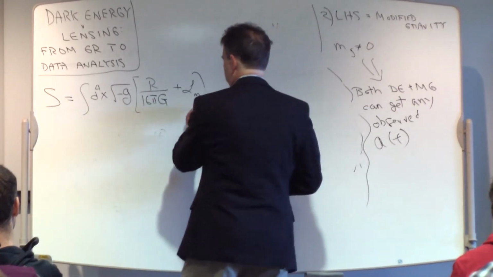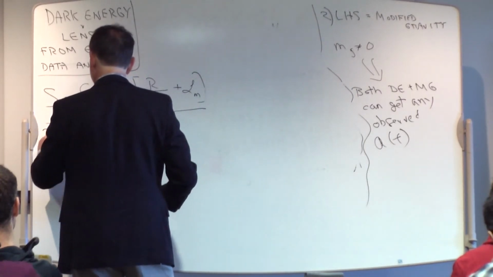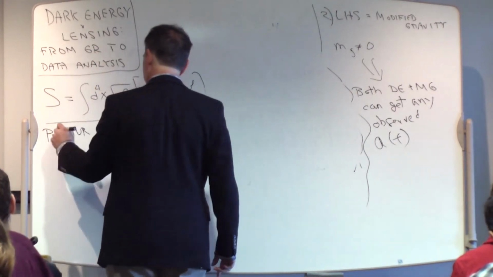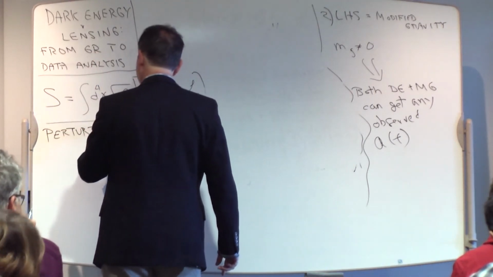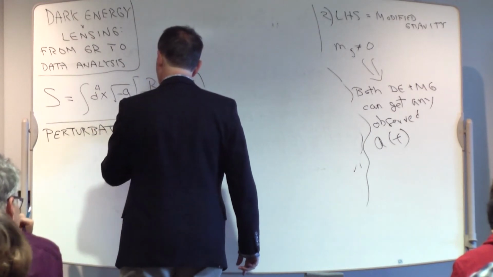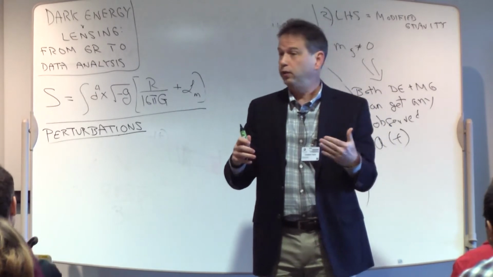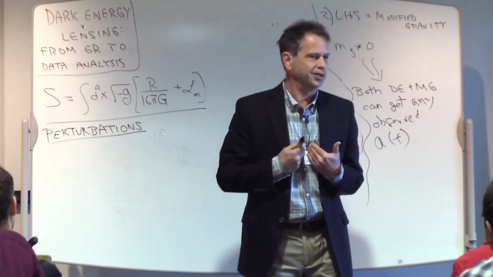And the answer lies in the perturbations. That is, you take this exact same Lagrangian and you apply it not to the smooth universe, but account for the fact the universe is not completely smooth. We exist, for example, right?